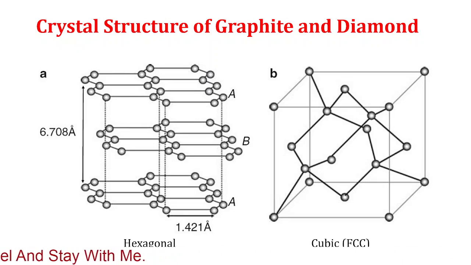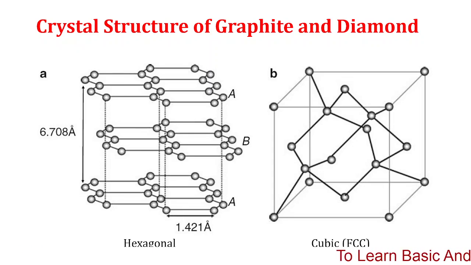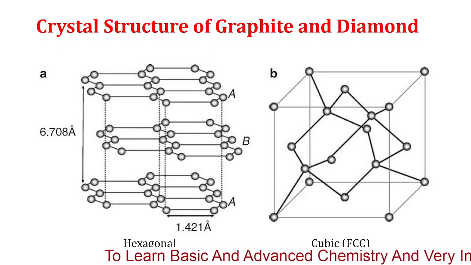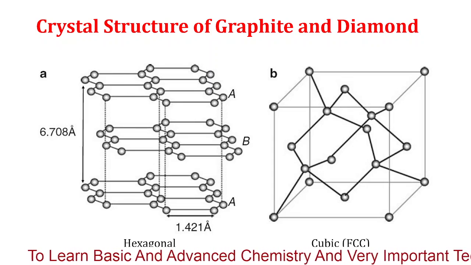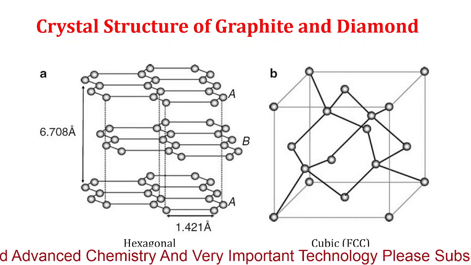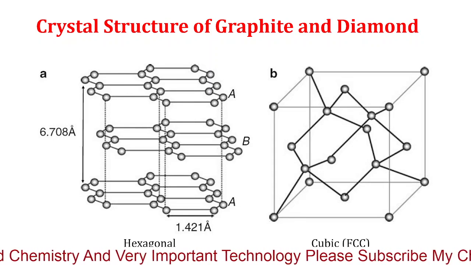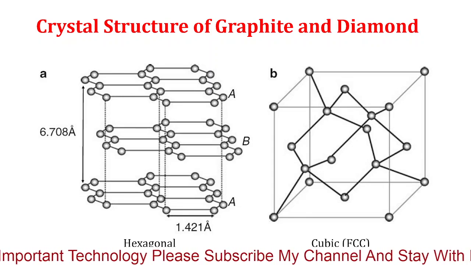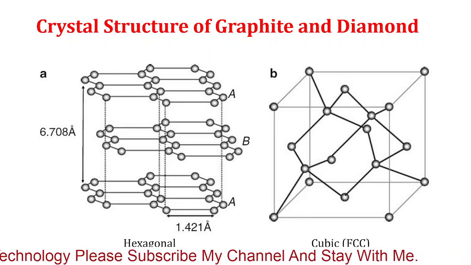Now how can we use diamond to cut glass? To cut something, if you want to cut any vegetable, you need some knife, is it? Why can we use a knife to cut vegetables? Because the knife is much harder compared to vegetables, and it has a sharper edge.